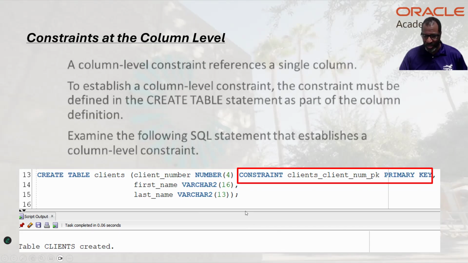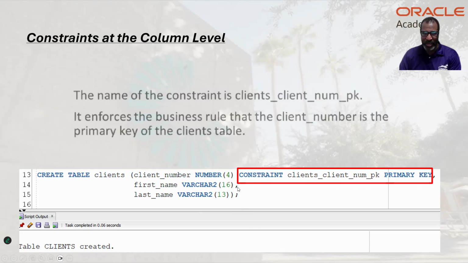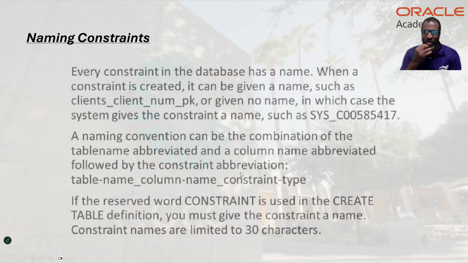I need to start you out with a question right away. All right, good. So this establishes a column level constraint on the client number column. That's the name, and that column. Every constraint in the database has a name.